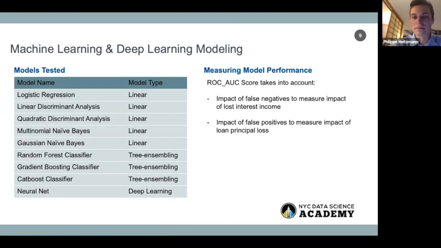False negatives meaning predicting a specific loan as a bad loan when in fact it was a good loan. And the impact of false positives, which would be the converse of that.